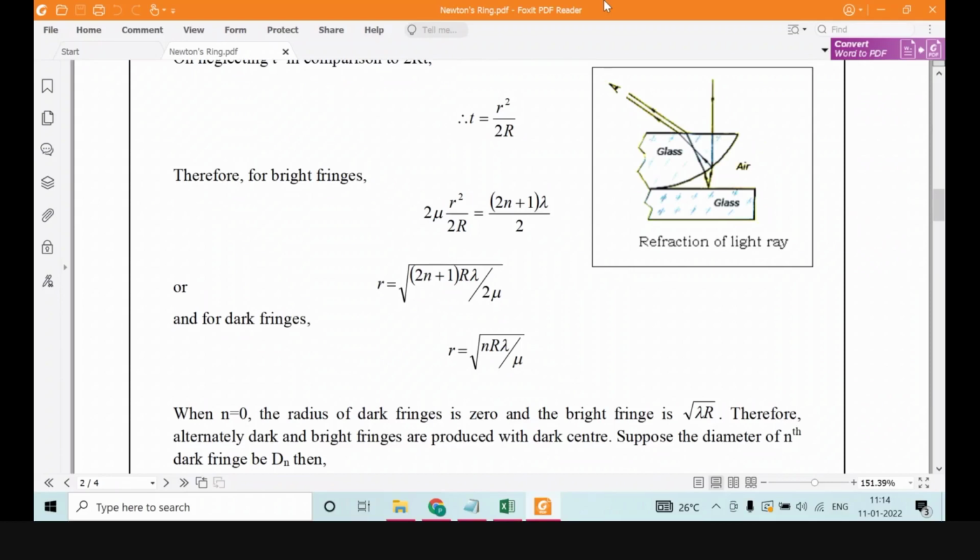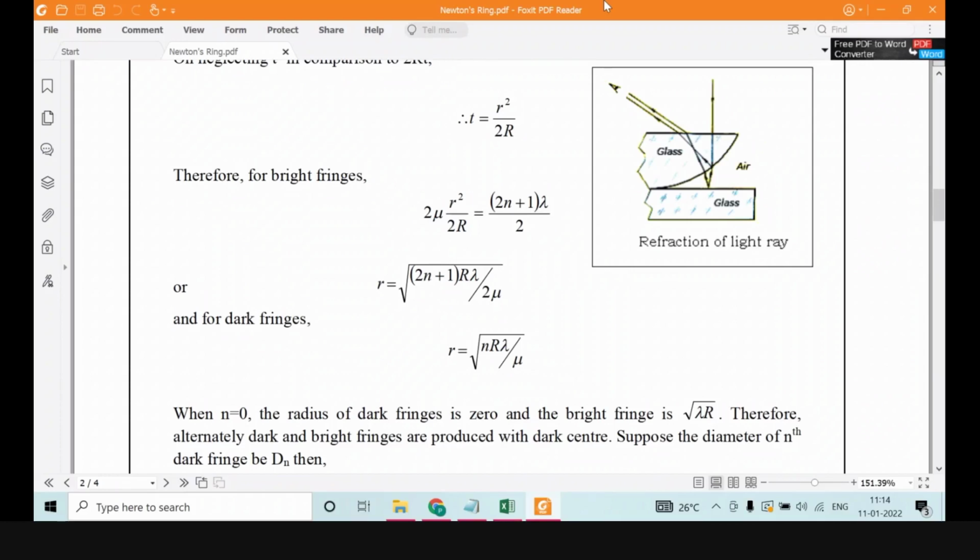Okay, so what we have to do is formulate the Newton's rings. Newton's rings are formed due to the interference of light reflected from the upper and lower surfaces of the air film enclosed between the lens and the plane glass surface.